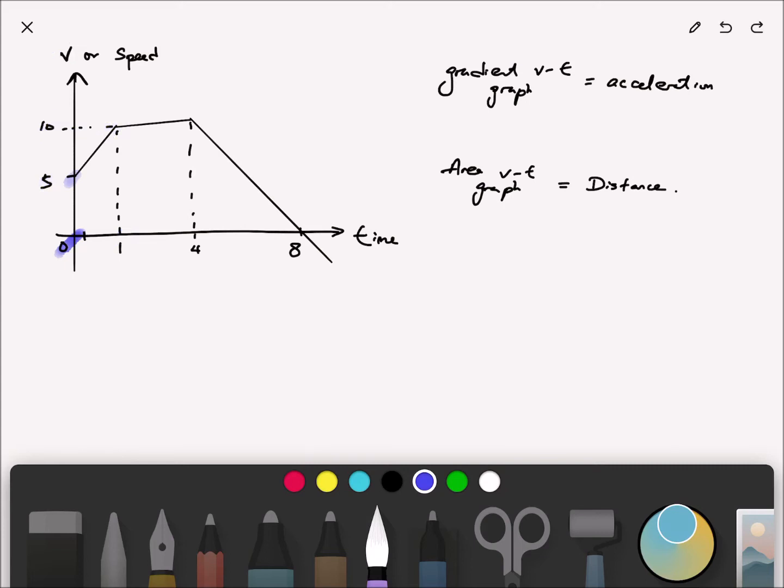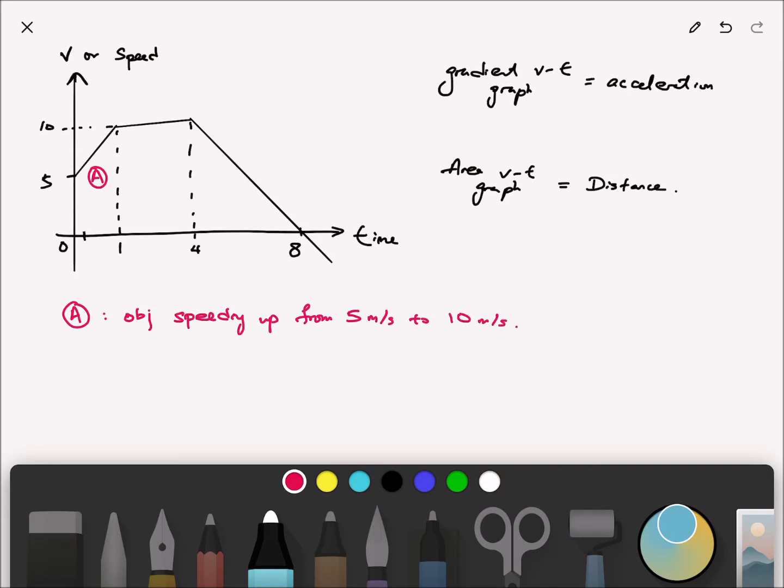So actually from here, we can already tell that, let's call this part A, the object is actually speeding up from 5 meters per second to 10 meters per second. In other words, the object is accelerating. Yeah, it is speeding up.